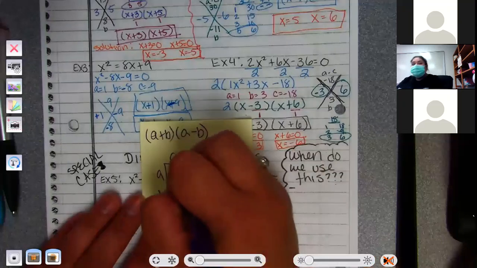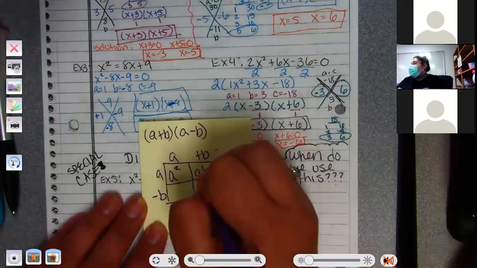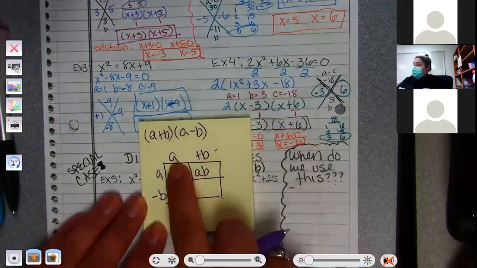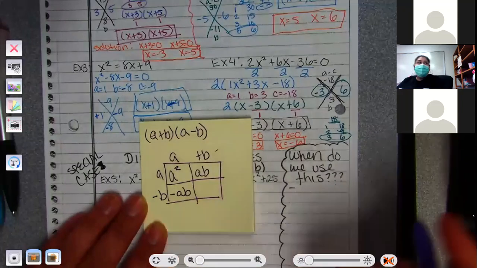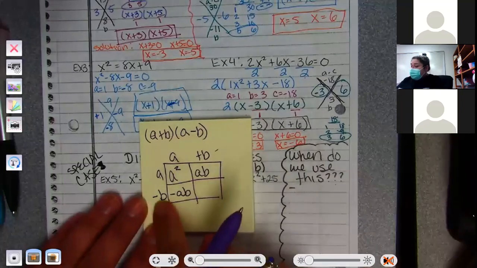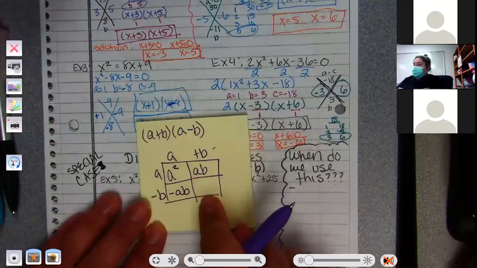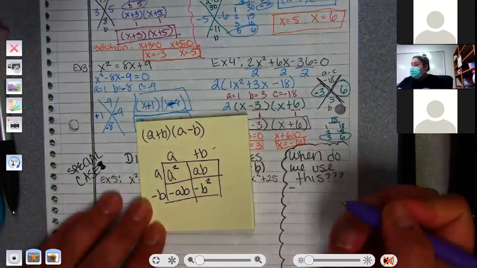A squared, right? So what's a times b? AB. So what's negative b times a? Negative AB. Still the same thing, right? But with a negative. So then what is negative b times a positive b? What would that be? Negative b squared.